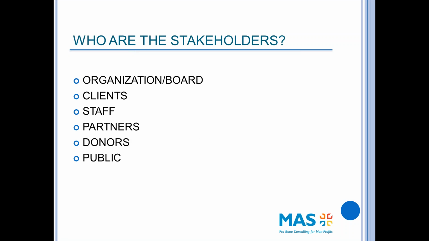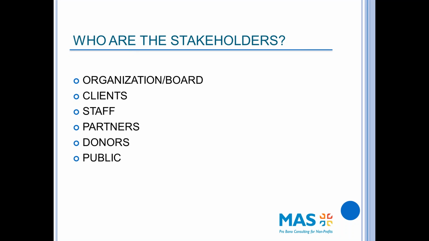The other thing you need to think about when it comes to risk is who are the stakeholders here? We're talking about organizational risk, but the consequences of risk could have impact on your clients. It could impact your staff. Think of health and safety issues. It could impact partner organizations.